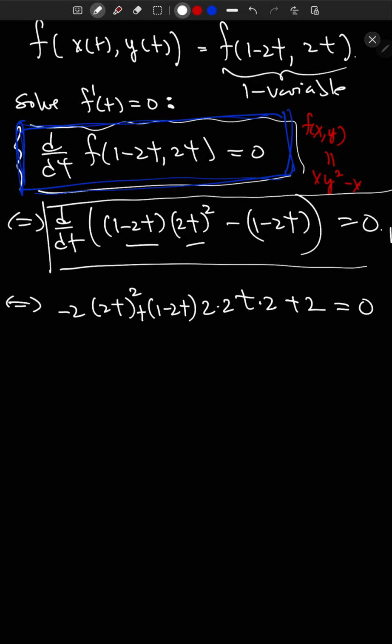Again, this is just pure single variable calculus. And at this point, it's not even calculus anymore, it's just pure algebra. So hopefully I won't make any mistakes here. So we've got 8t minus 16t squared plus 2 equals 0.